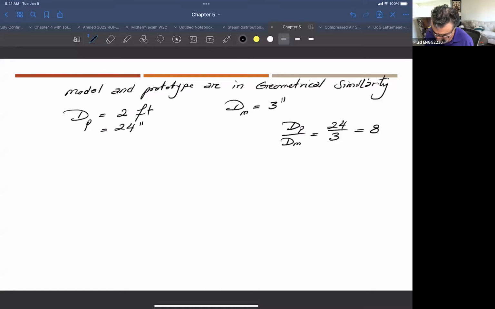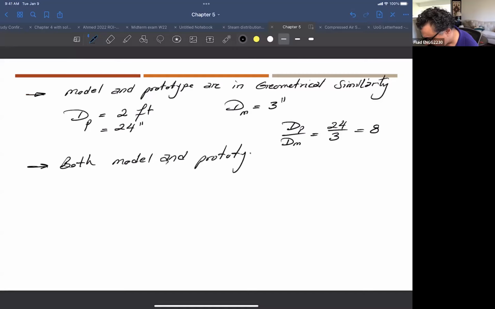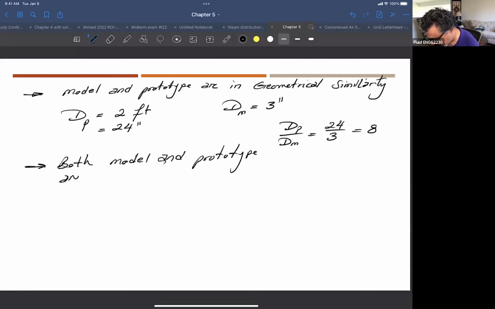Okay, now both model and prototype are using water at 20 degrees C, which means the same fluid.